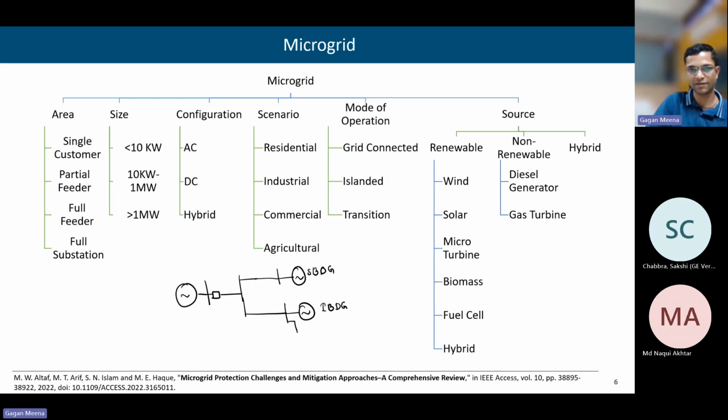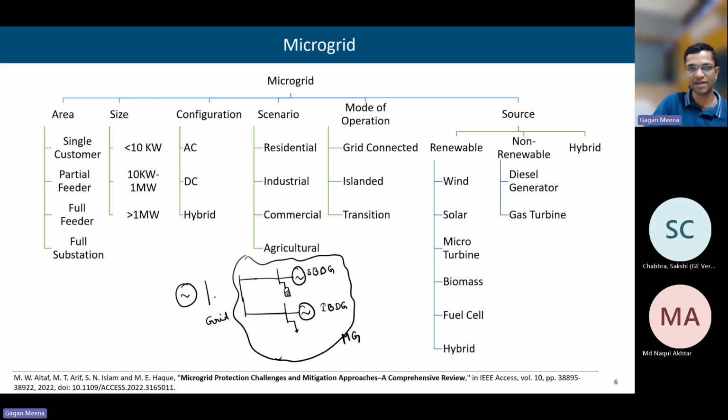And there can be loads, battery also. If this circuit breaker is on, then this is in the grid connected mode. This is a microgrid. If this circuit breaker is on, it is grid connected. If it is off, then it is islanded.